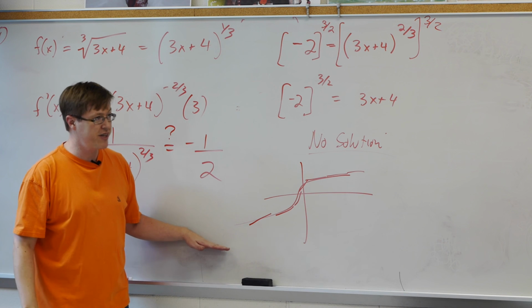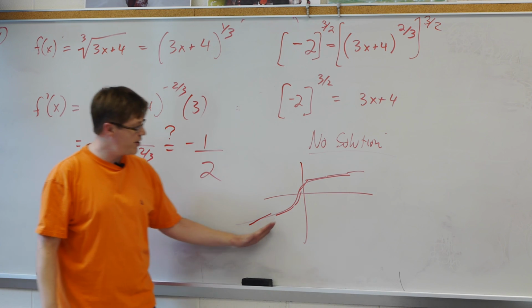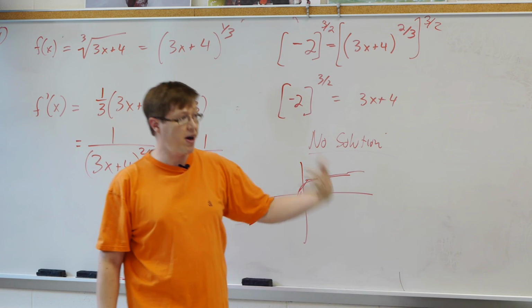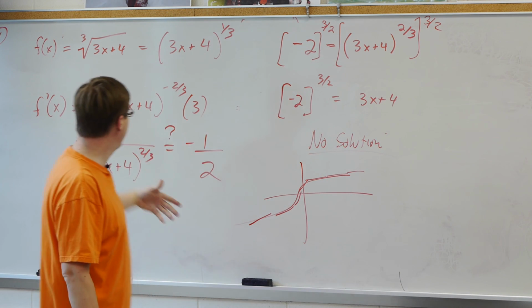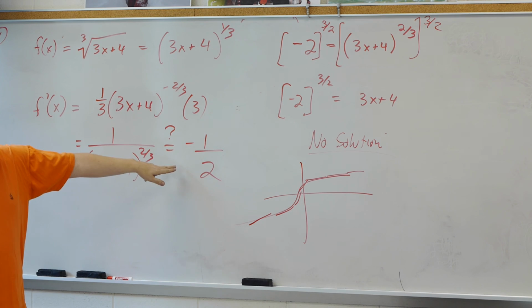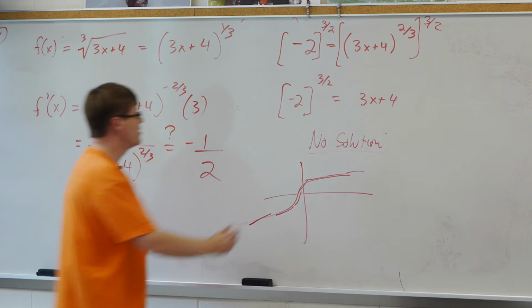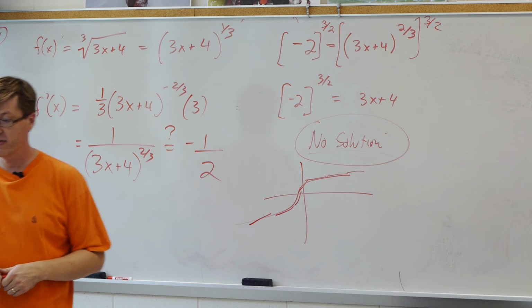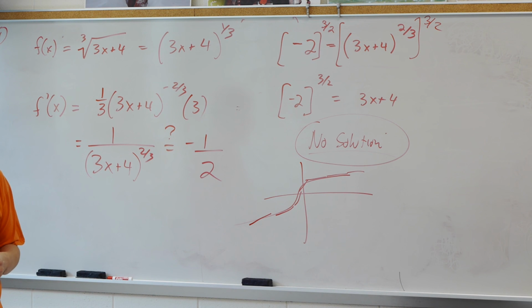Cube root starts down here and it's negative and it just goes up and up. So cube root always has a positive slope, so it can never equal negative 1/2. So there's no solution to this problem. Questions? All right, we're done.